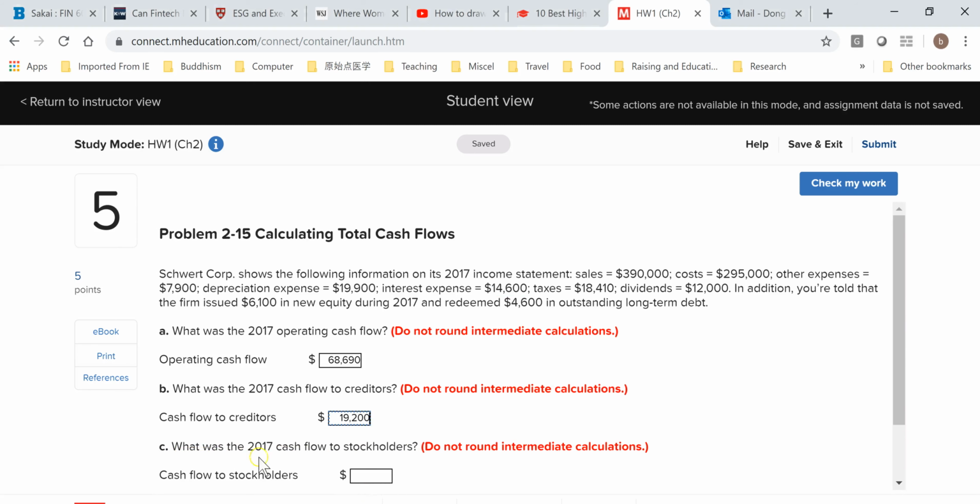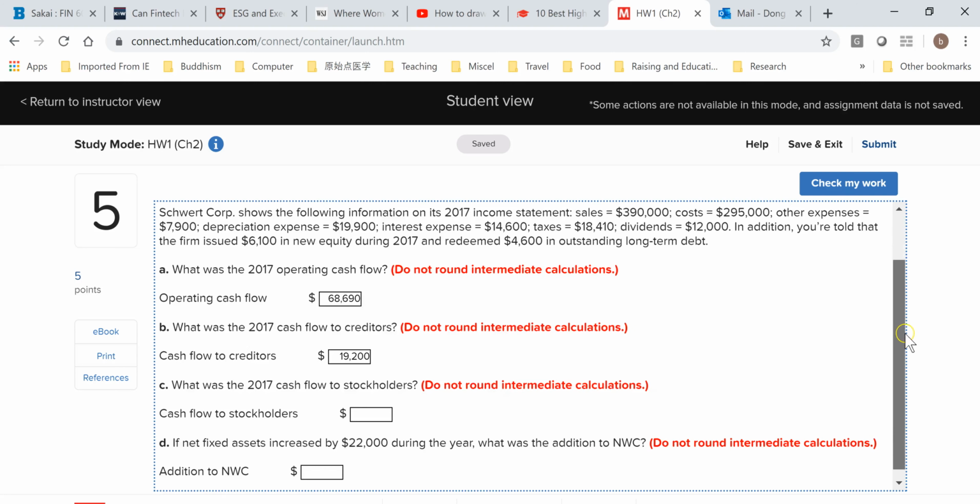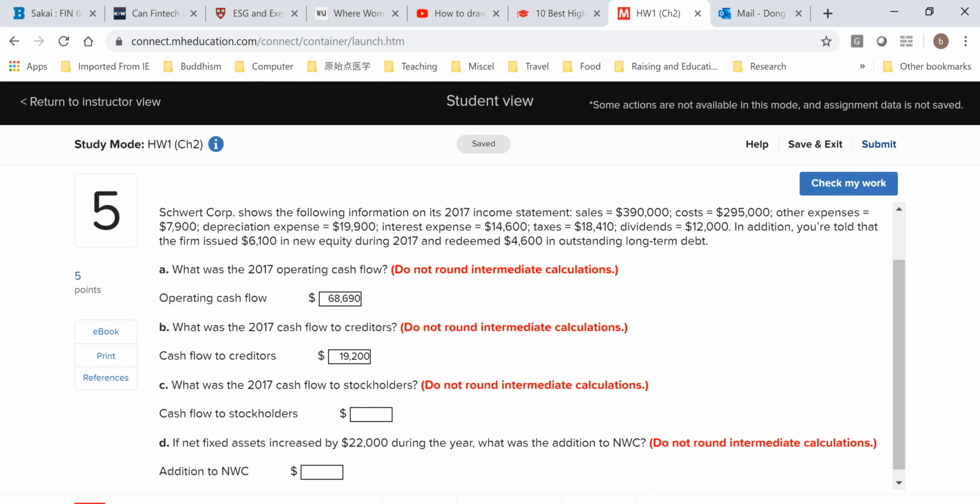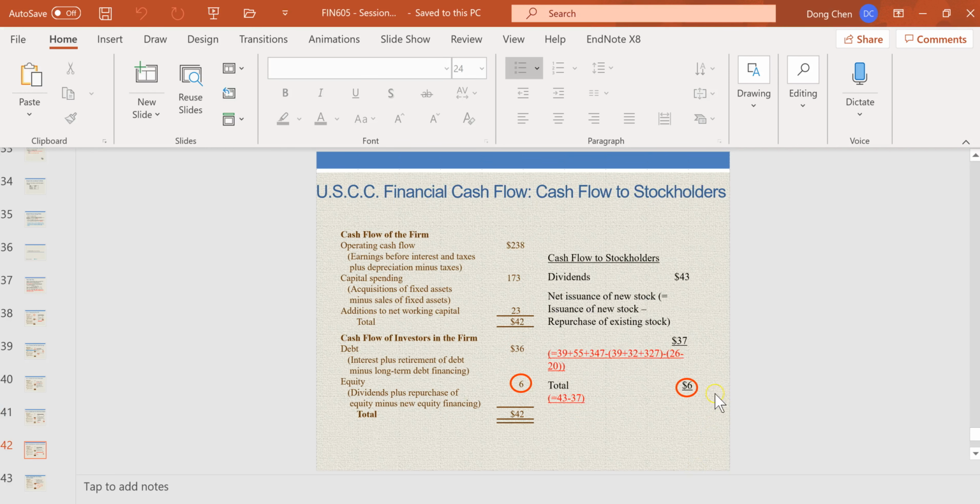And part C, what was the 2017 cash flow to stockholders? So similarly, from the stockholders' perspective, if you go back to my lecture slides, cash flow to stockholders is dividends and then minus this net issuance of new stock.